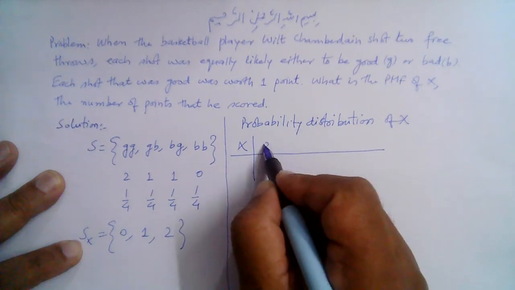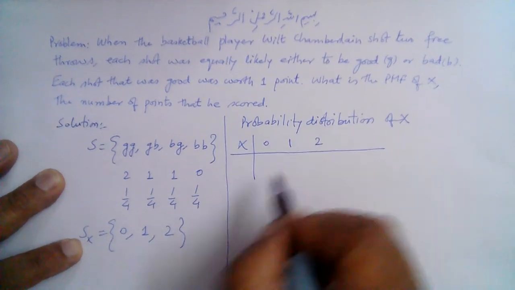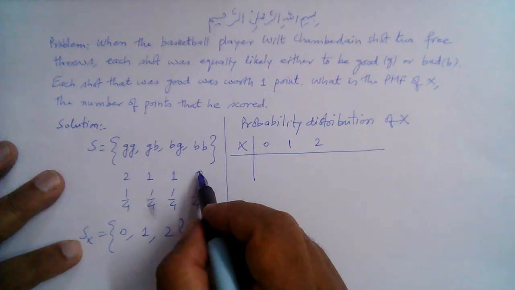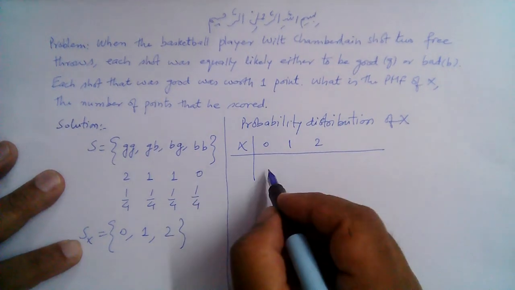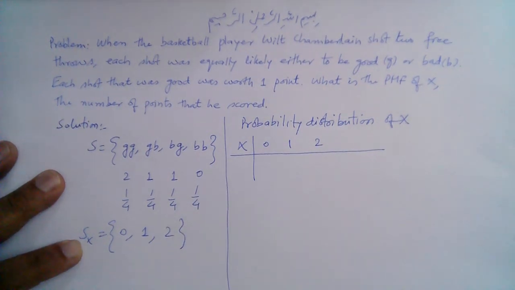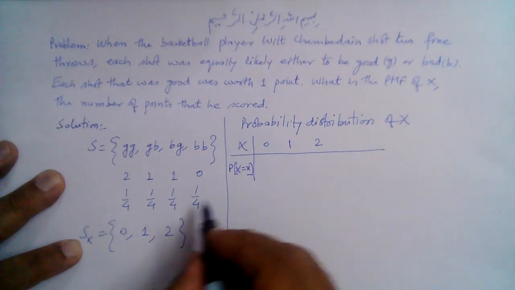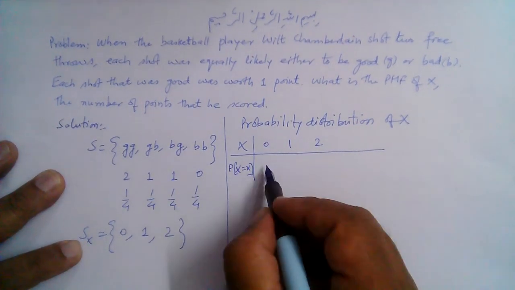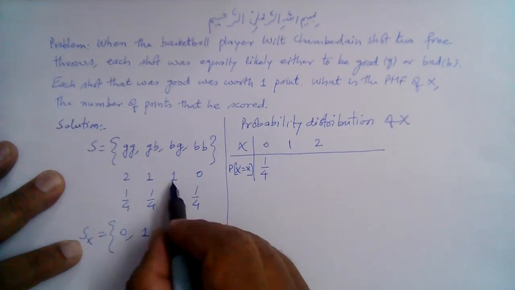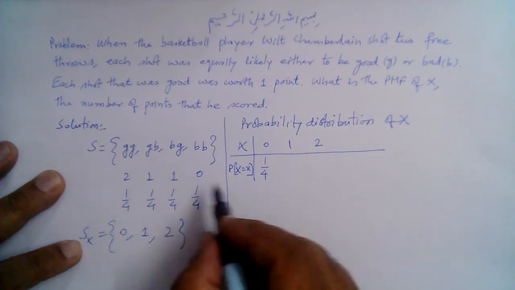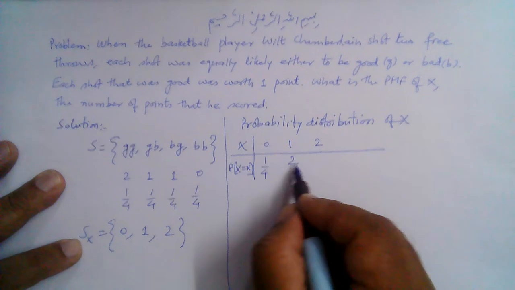X can take on 0, 1, or 2. Now the probability of 0 is 1 over 4, because this occurs only once. Probability of 1: it occurs 2 times, so this is 1 over 4 plus 1 over 4, that is 2 over 4.